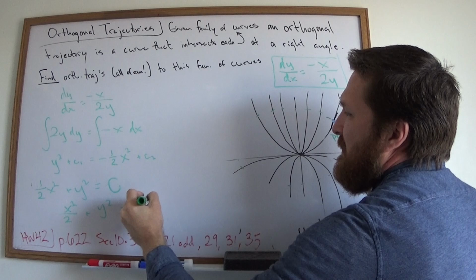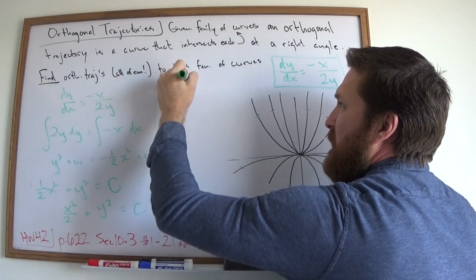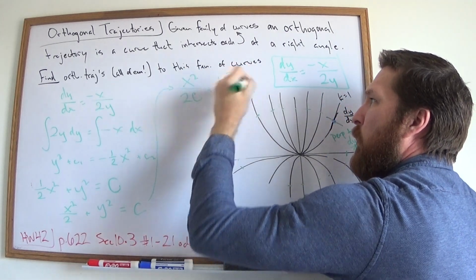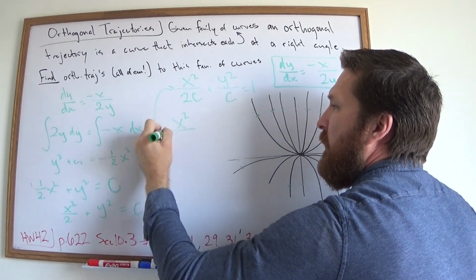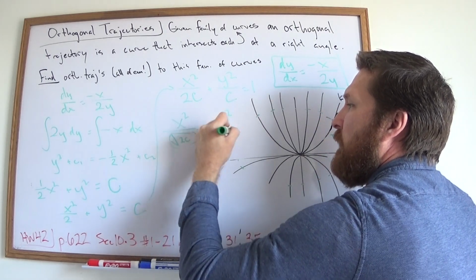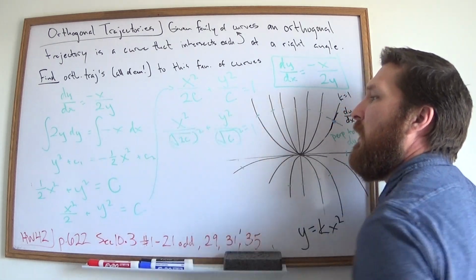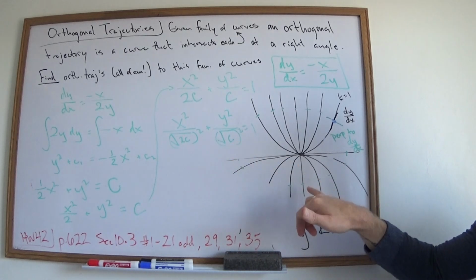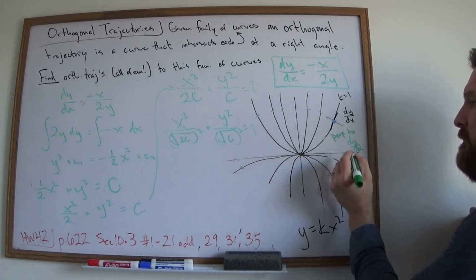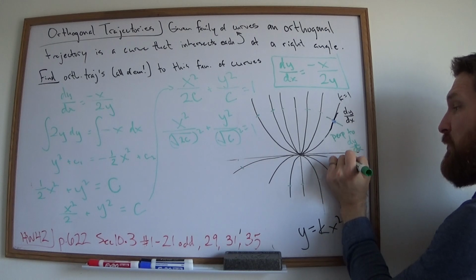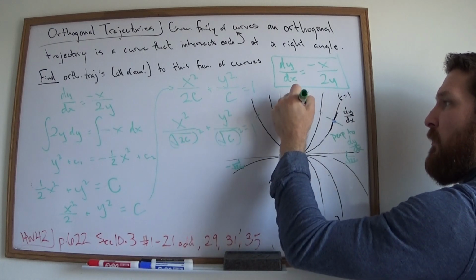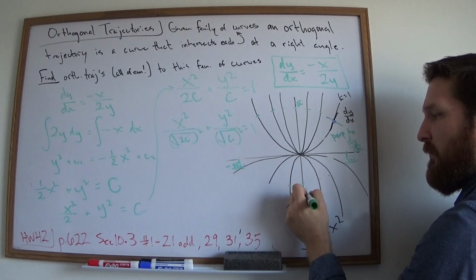Another way you could see this, because this isn't the form that we're used to, is x squared over 2c plus y squared over c equals 1, which you could rewrite as x squared over root 2c squared plus y squared over root c squared equals 1, which means that these things go through at plus and minus root 2c, and root c up here and negative root c down there.